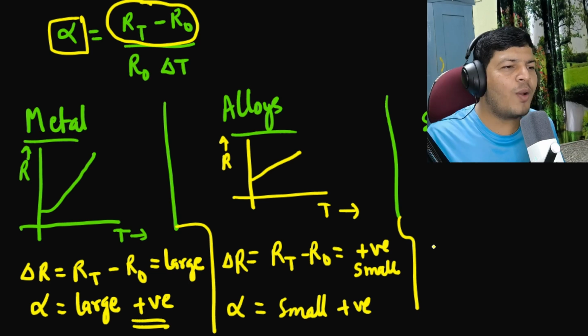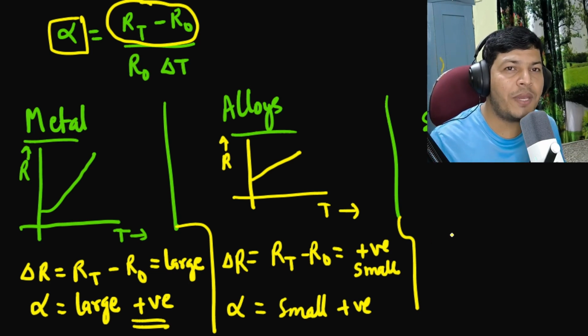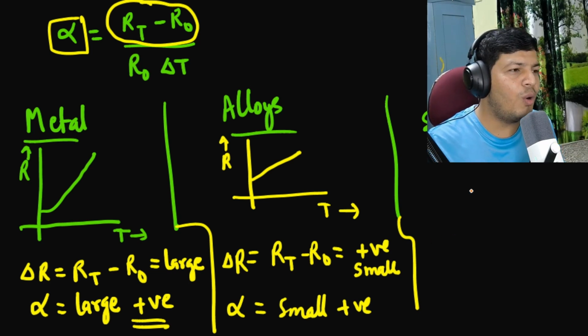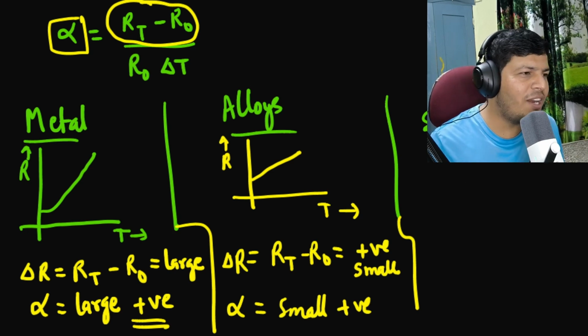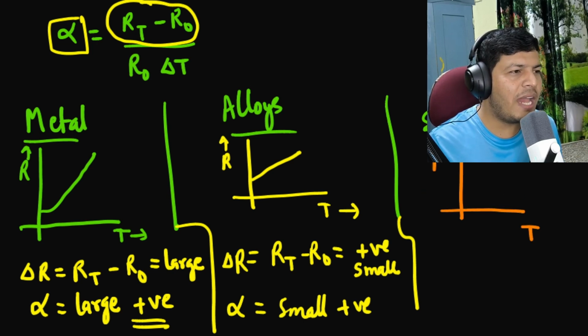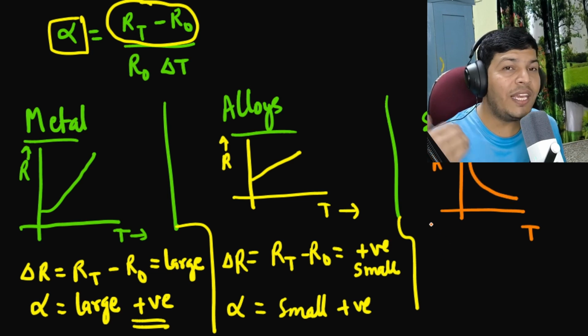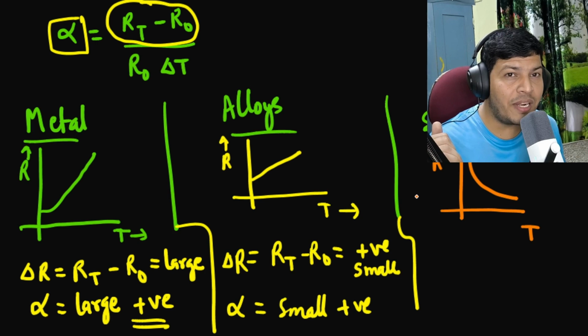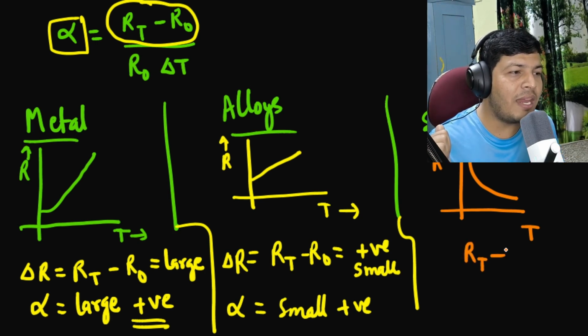Okay, now can you guess what will happen to semiconductor? So you know already. We have a graph for semiconductor as well with temperature, and their resistance will decrease. On increasing the temperature, resistance of semiconductor decreases. Because of that, this RT minus R naught, can you tell me what will be the value, positive or negative? So it will be negative.